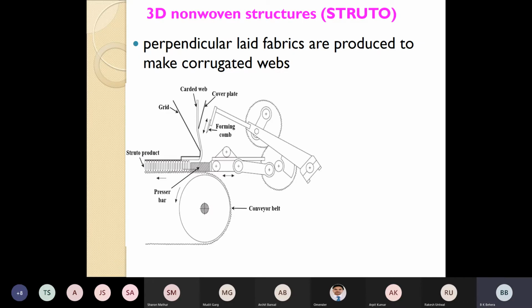And it has many interesting properties: thermal insulation, high conductivity, energy absorbent, and many things as far as 3D structures are concerned. But this is how a 3D nonwoven structure is produced.